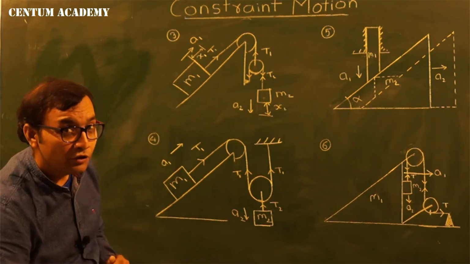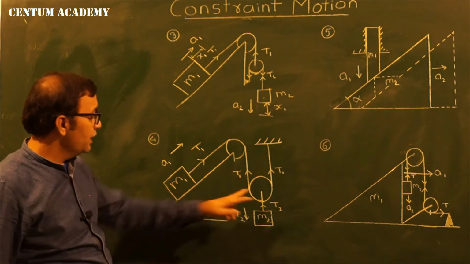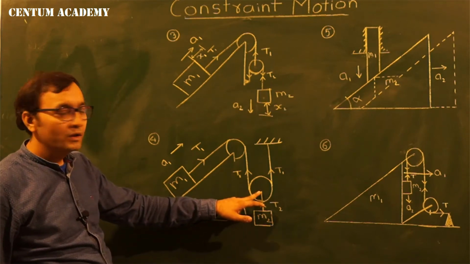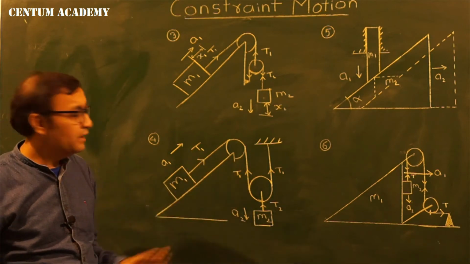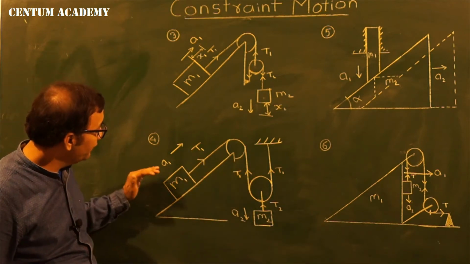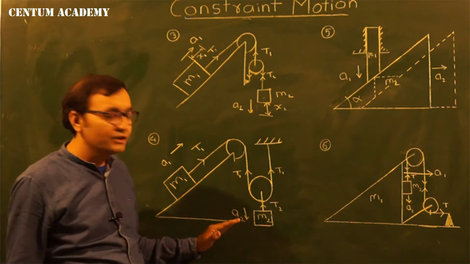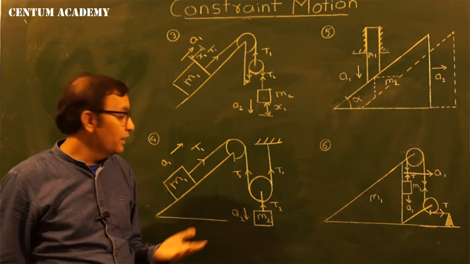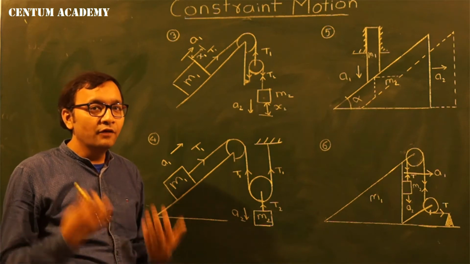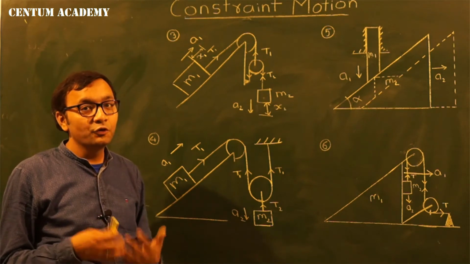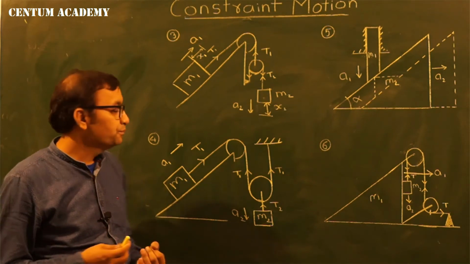Now look at the fourth question. In this question, we have one movable pulley, and the diagram is, I think, self-explanatory, right? We need to find out the relation between the acceleration of m1 and the acceleration of m2 again. Now here also, let us use that work done by tension should be equal to 0 in the entire system.